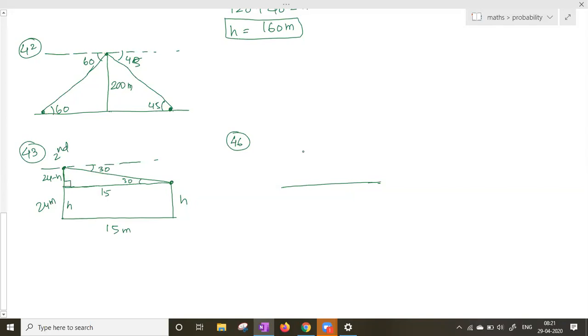Pole or tower? Can you repeat the question? 46th one.